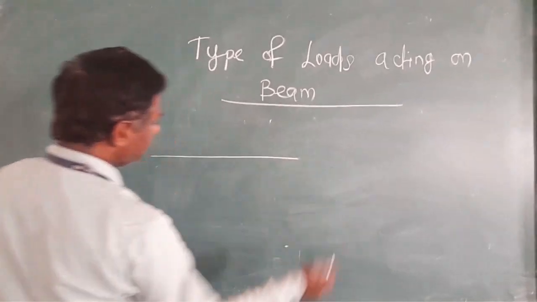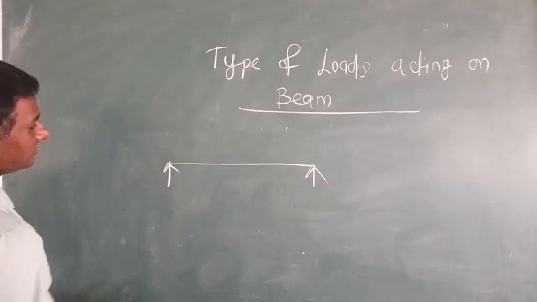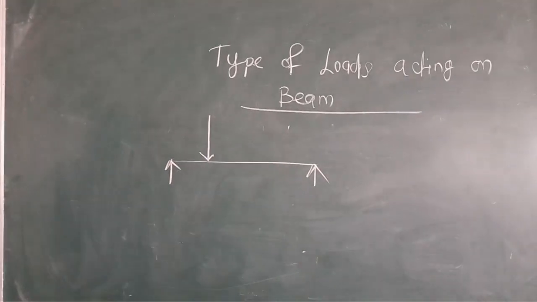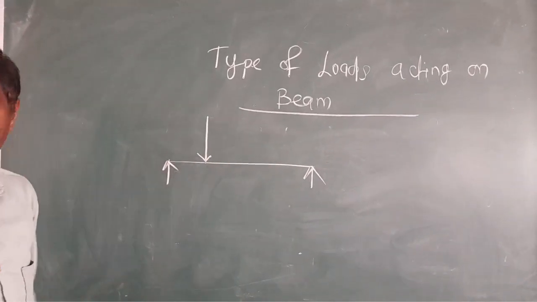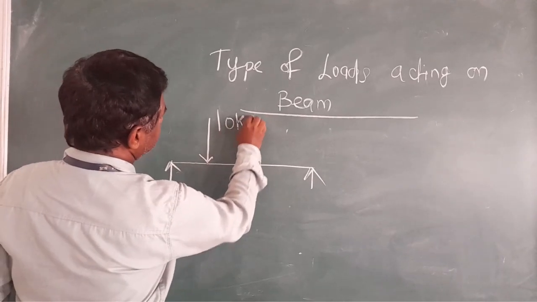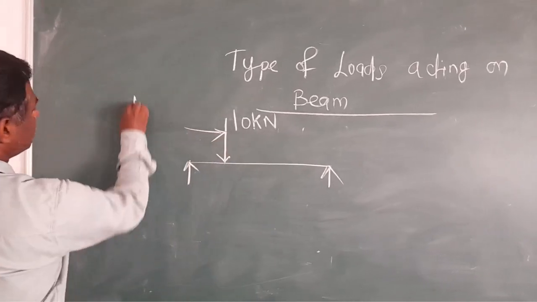Let's take a beam having two supports. Generally, a point load is represented like this. This is called a point load, let's say 10 kilonewton.